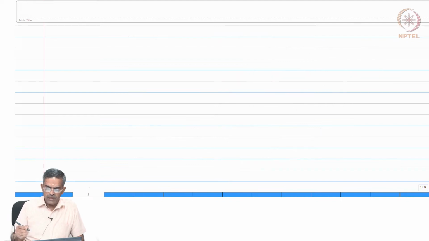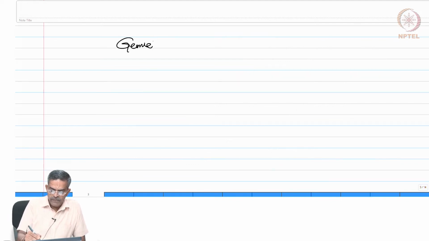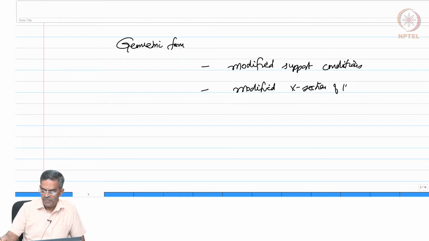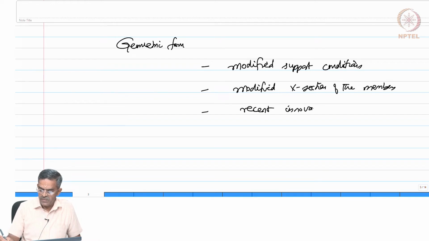The moment we say geometric form, it can come from modified support conditions, modified cross sectional properties, and to some extent novelty in the material which comes from recent innovations on materials.